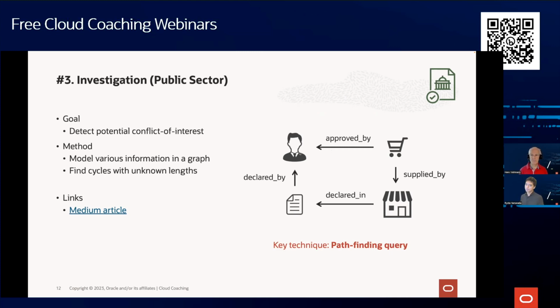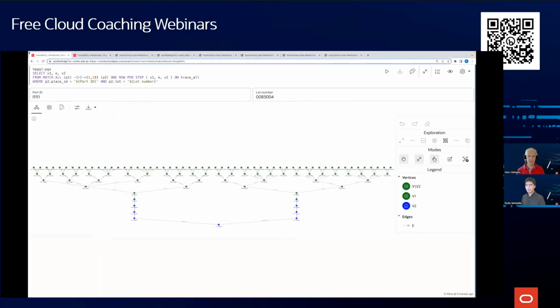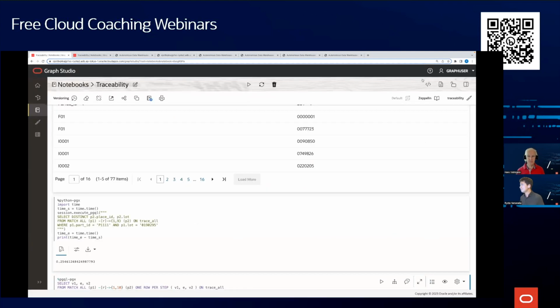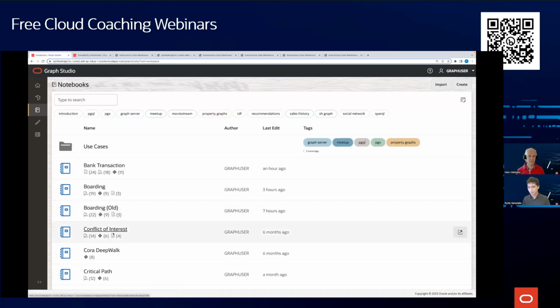So for detecting conflict, finding cyclic paths is quite useful. So in this example, the key technique is how we can use pathfinding query. Oh, sorry. Let me then open another notebook for conflict of interest.